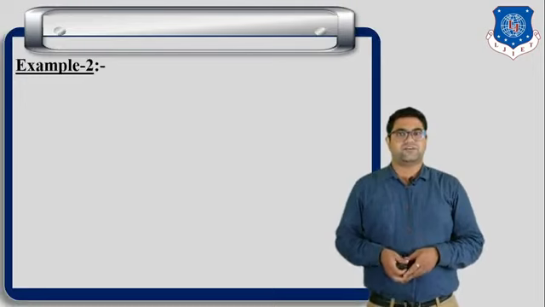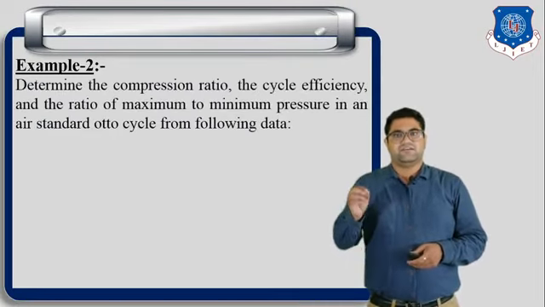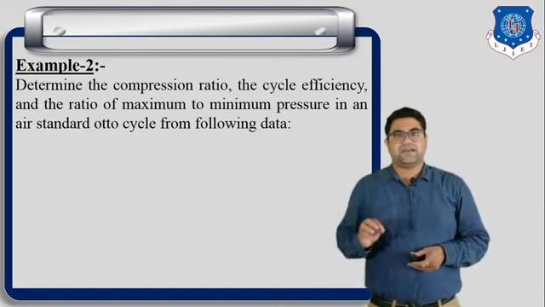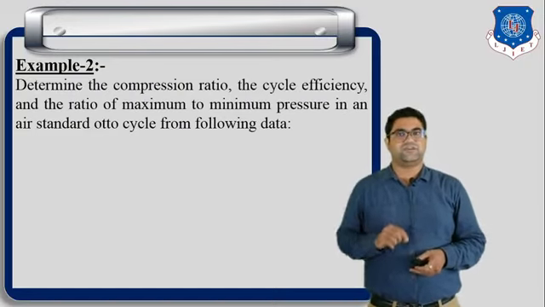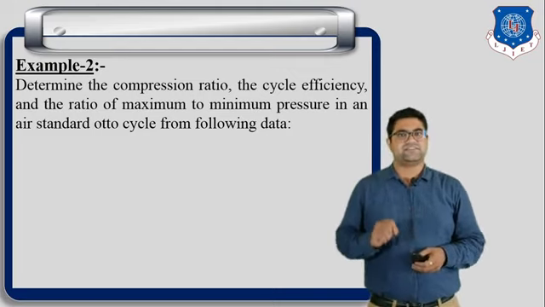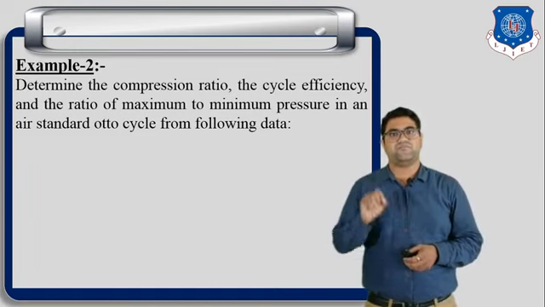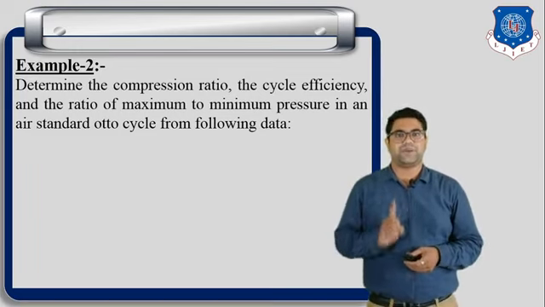Now we are going to discuss our second example. In the second example, they have asked us to determine the compression ratio, small r. The cycle efficiency means we have to find eta, and the ratio of maximum to minimum pressure.